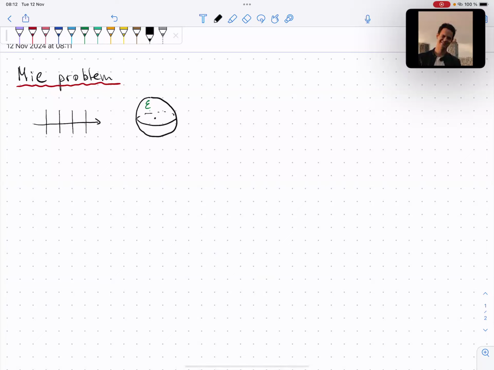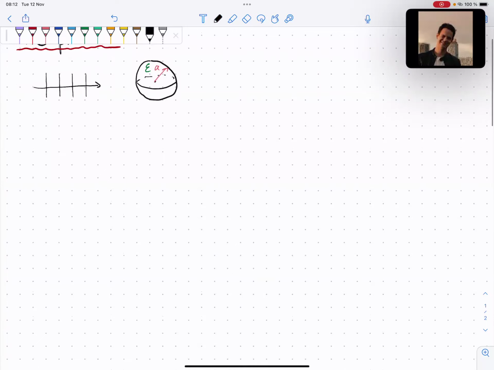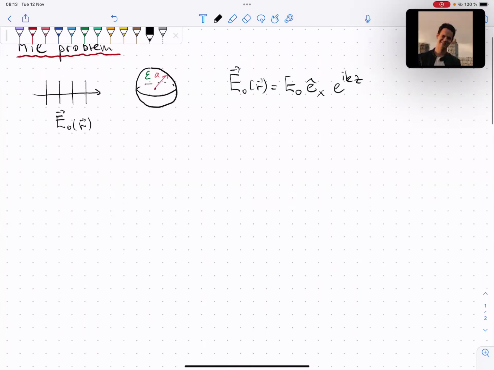The radius of the sphere is a. And for simplicity, let's say that our incident field is the following plane wave, E0 x exponent i k z.